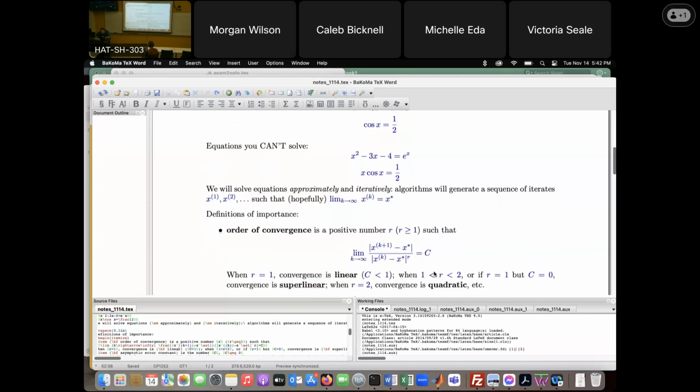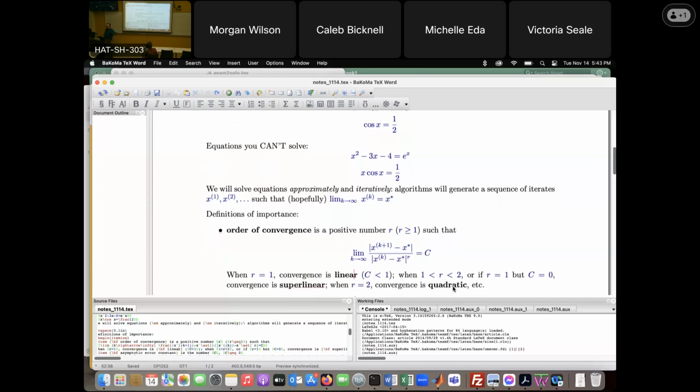If r is between 1 and 2, then we say convergence is superlinear. That's a more rapid form of convergence. And then we'll also see an example of when r is equal to 2, where convergence is quadratic. And then there could be cubic and quartic and so forth, but all the methods we'll see are either linear, superlinear, or quadratic.